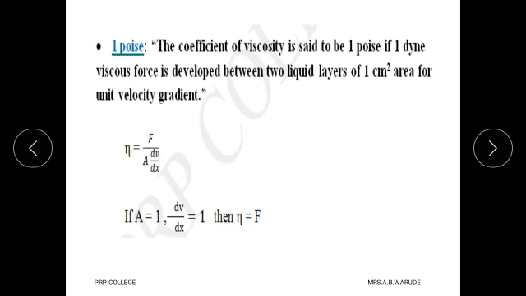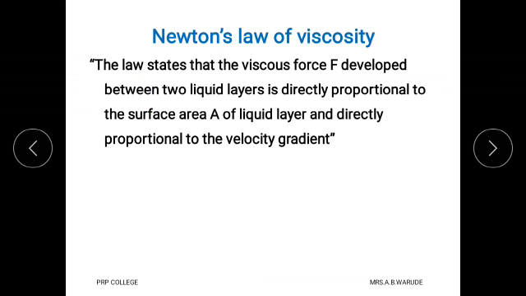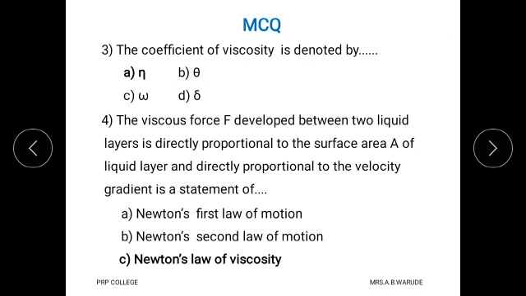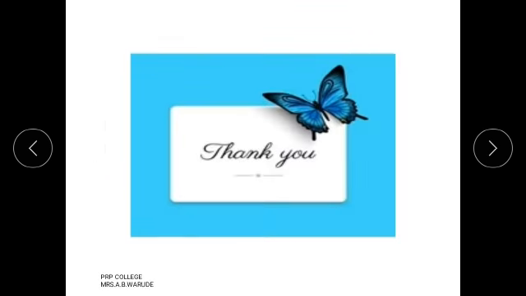As we saw in the earlier slide, Newton's law of viscosity states that the viscous force developed between two liquid layers is directly proportional to the surface area of the liquid layer and directly proportional to the velocity gradient. Therefore, the correct option is C, Newton's law of viscosity.